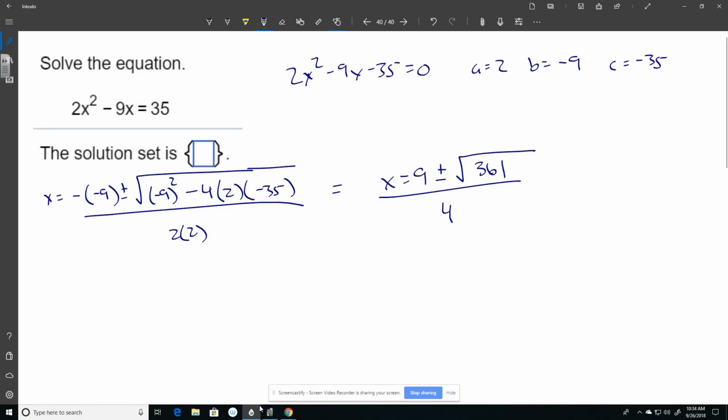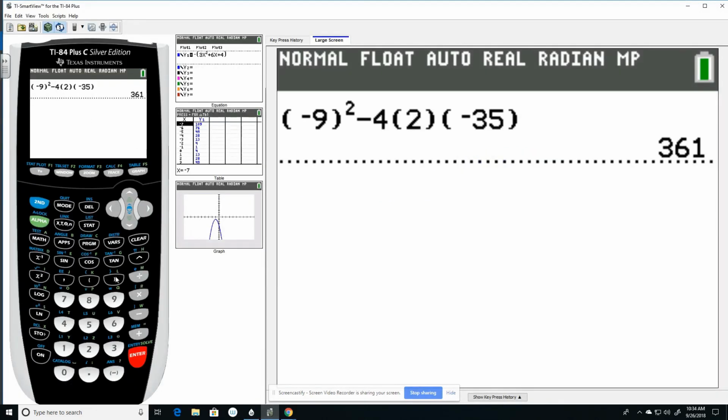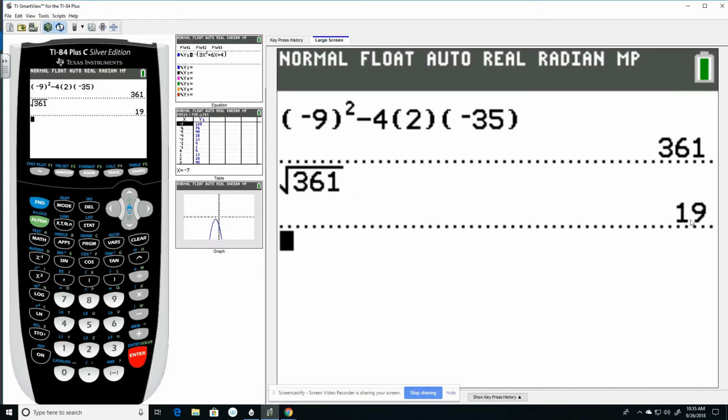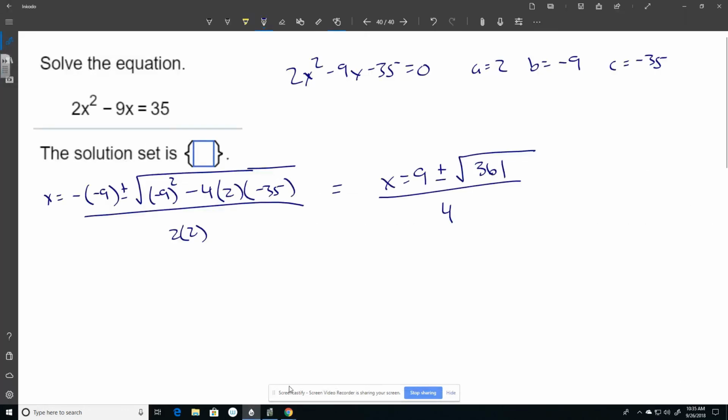Now, the square root of 361, let's see if we know if that's a nice number. Square root of 361. Is that a nice number? Yes, it's 19. So this becomes 9 plus or minus 19, divided by 4. So 9 plus 19 divided by 4, 9 minus 19 divided by 4. 9 plus 19 is 28 divided by 4 equals 7.